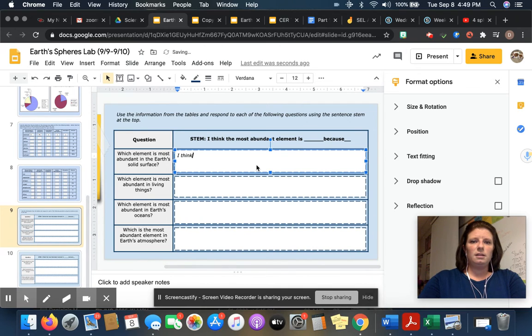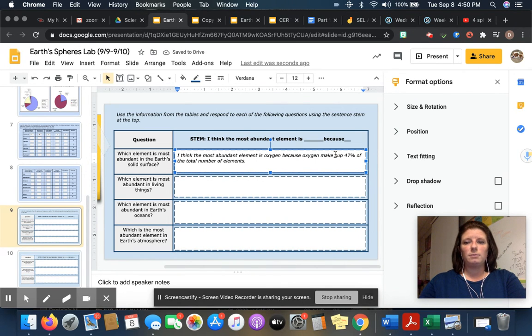I think the most abundant element is oxygen because oxygen makes up 47% of the total number of elements. And I have a little typo there. And that's it. That's all you're doing.